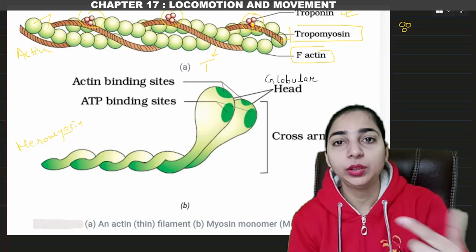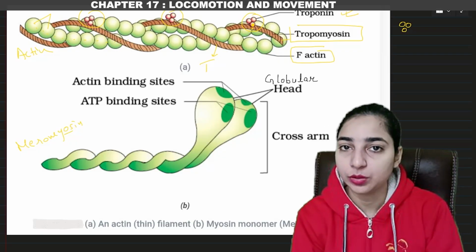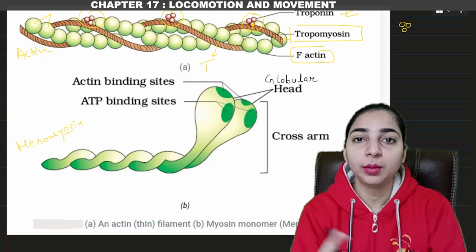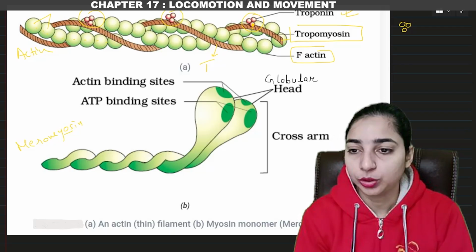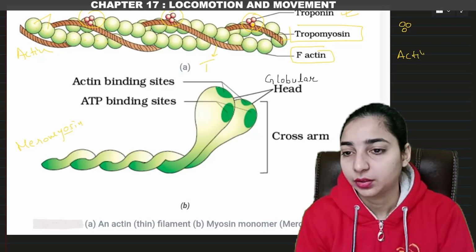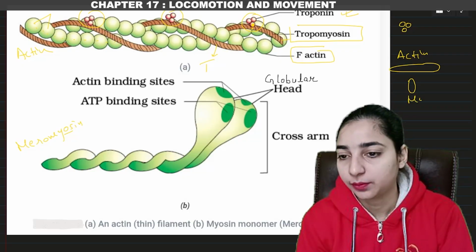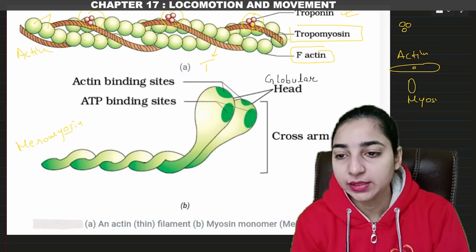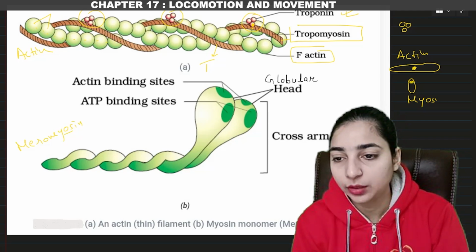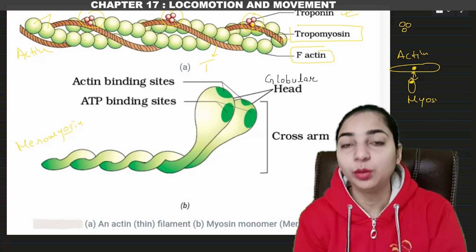Okay, so since the actin and the myosin have to bind with each other, there should be a site on the actin where it will bind with the myosin, and also there should be a site on the myosin where it will bind with the actin. Okay, so suppose this is actin, right? And this is myosin, so obviously they have to bind to each other. So there will be one site on the actin and one site on the myosin where binding will take place.